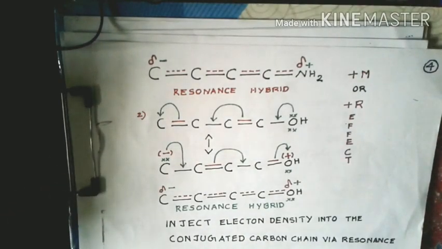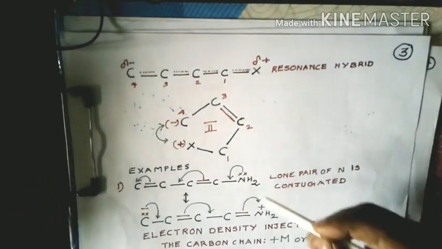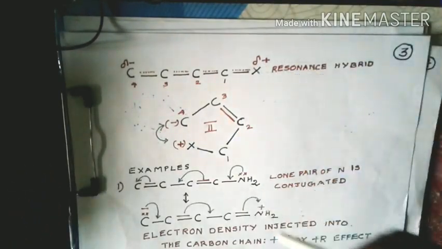Now an example for a group which shows plus M effect is the NH2 group. Now here NH2 group donates electron density to the system in a similar manner as shown in the previous case.